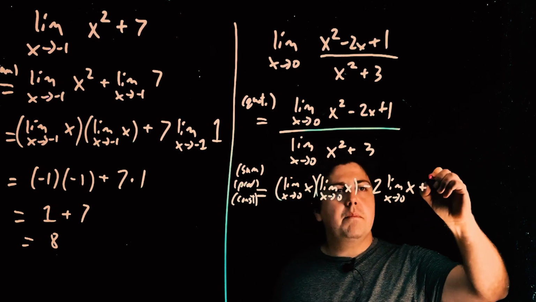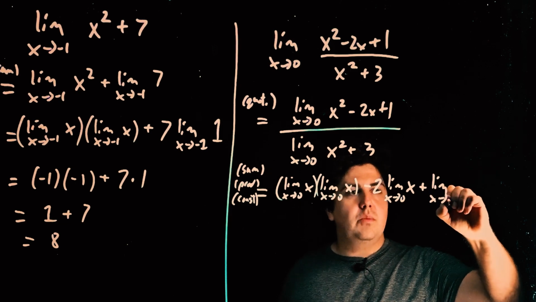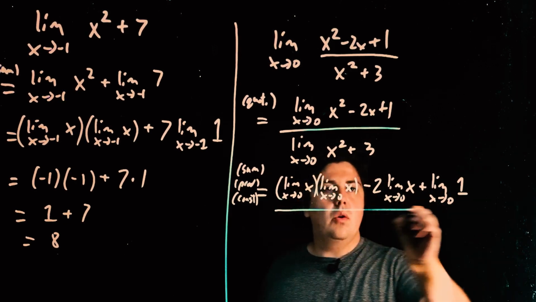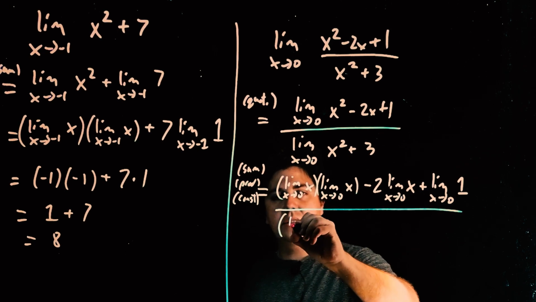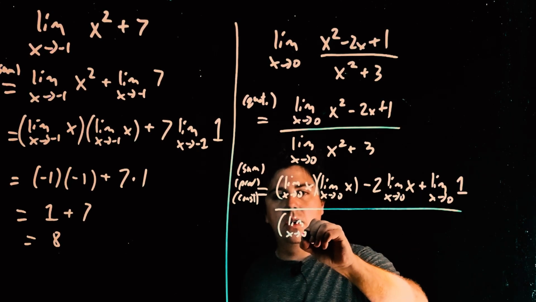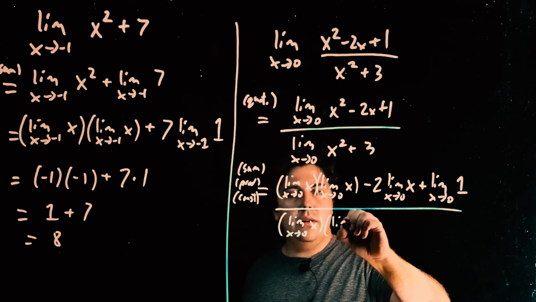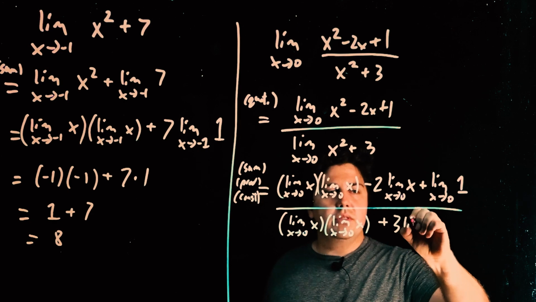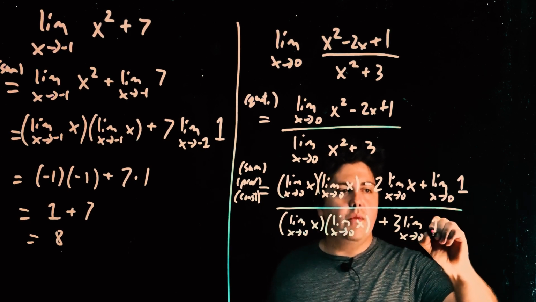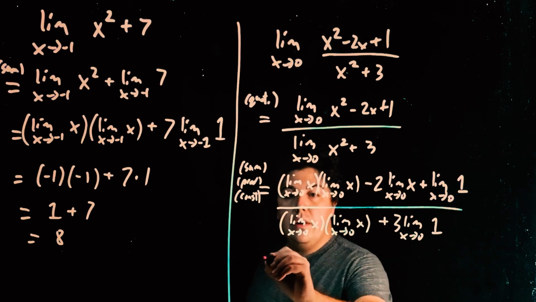This is a bit of writing, but indeed, we get what we get. And then the whole thing is divided by, and we can do essentially the same thing on the bottom. x squared is x times x. We can break that apart into these two pieces, and then plus 3 times the limit as x goes to 0 of 1.